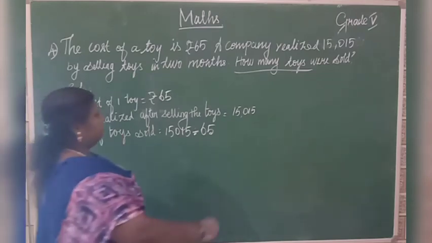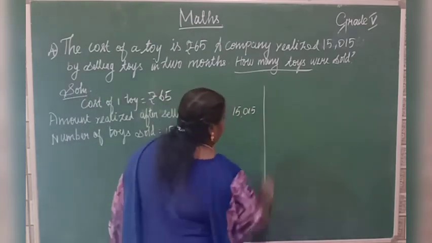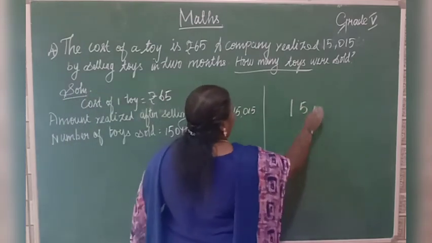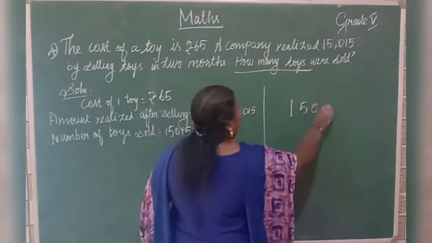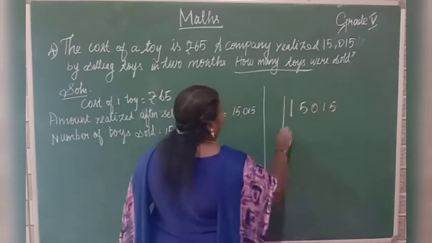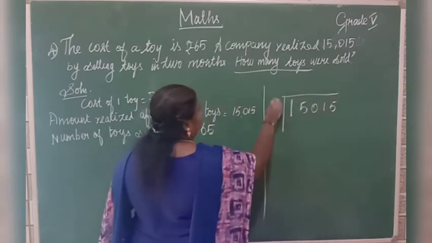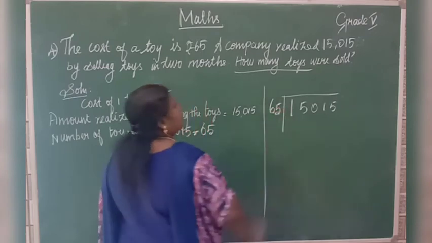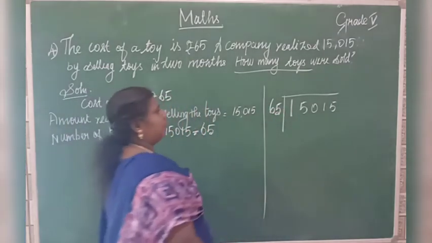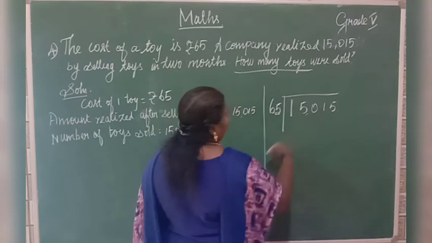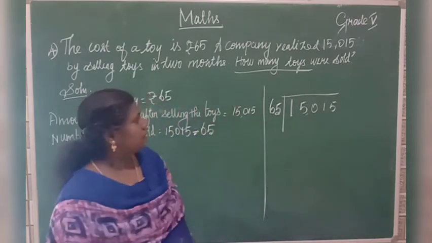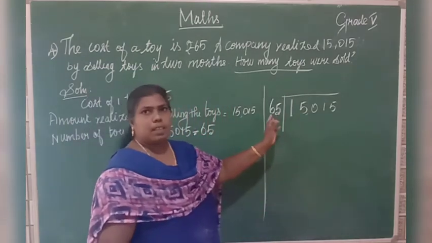Okay, divide 15,015 by the divisor, 65. If we take the 2-digit number 15, which is the greatest value? The divisor is greater.